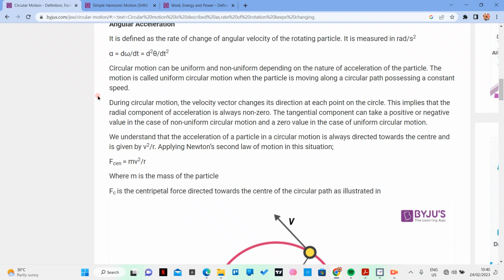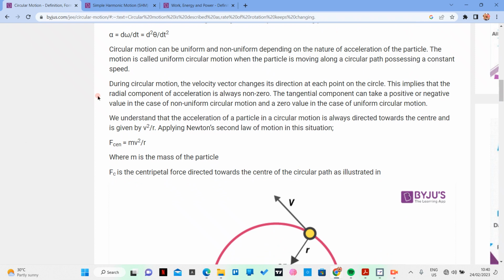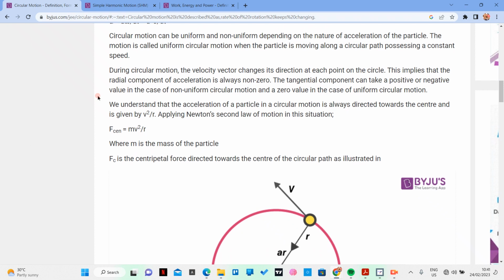But then the speed is always constant, whether the circular motion is uniform or non-uniform. Now, for non-uniform circular motion, let me just say the motion is called circular motion when the particle is moving along a circular path, let's say at a constant speed.